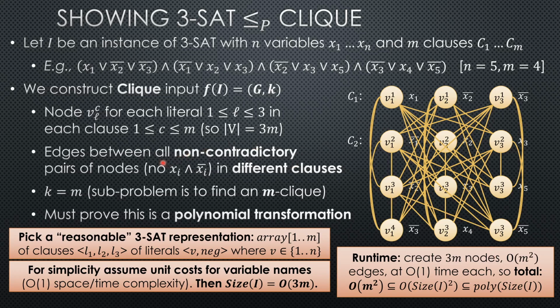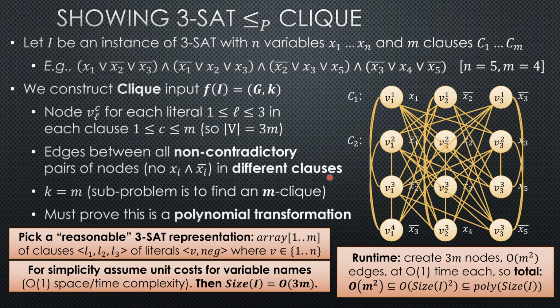We're going to check, is this a contradictory assignment between this pair of nodes, and are they in different clauses? Those are constant time checks. So in order to figure out should I add an edge, it's going to take constant time per edge, and in order to add the edge to the adjacency matrix, it's going to take O of 1 time to just write yes or no, is there an edge in that particular slot of the adjacency matrix.